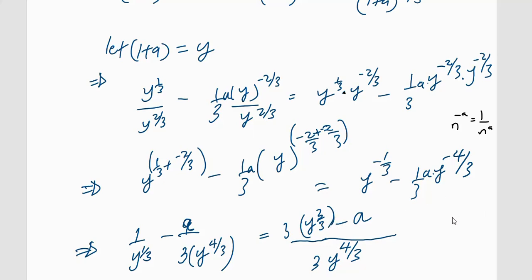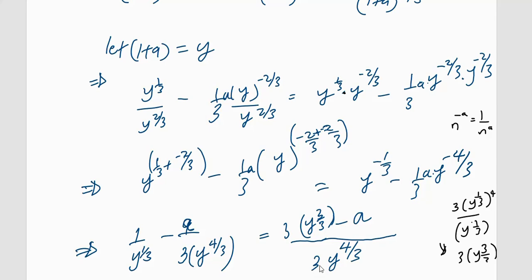This is the same as 3y to power 1/3 times y to the power 3, which is 3 times y to power 4/3, divided by y to power 1/3. So this will come to be 3 into y to power 3/3.